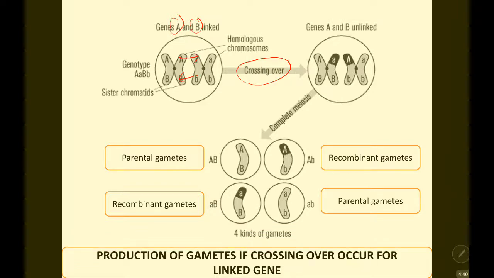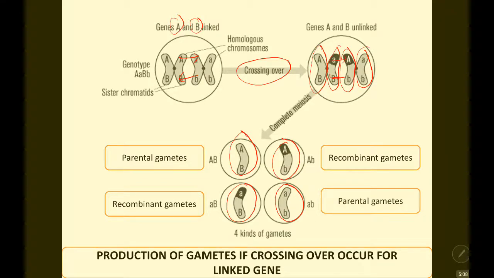So there is the possibility of the linked genes producing 4 different possibilities of gametes as well. For example, here crossing over occurs. So this one produces the gamete big A big B. After exchange, this one produces small a big B, this one produces big A small b, and this one is small a small b.